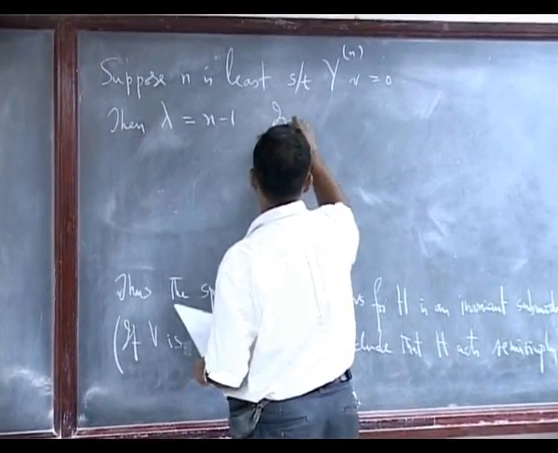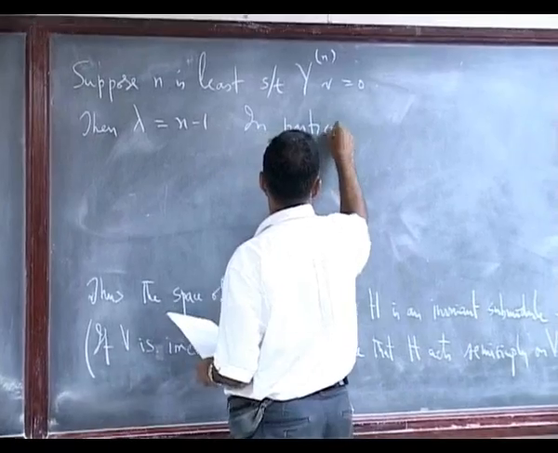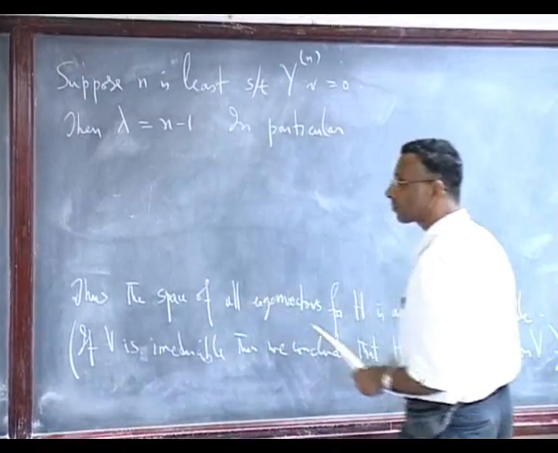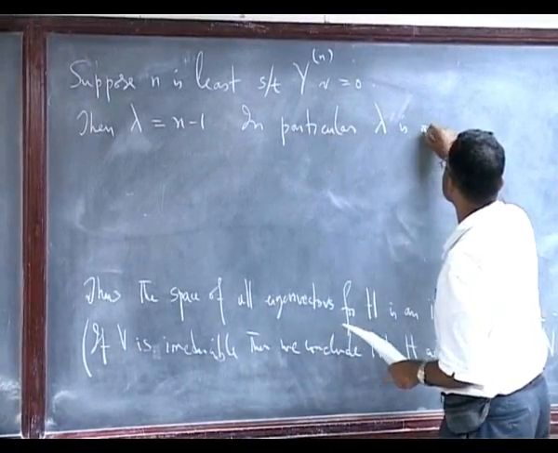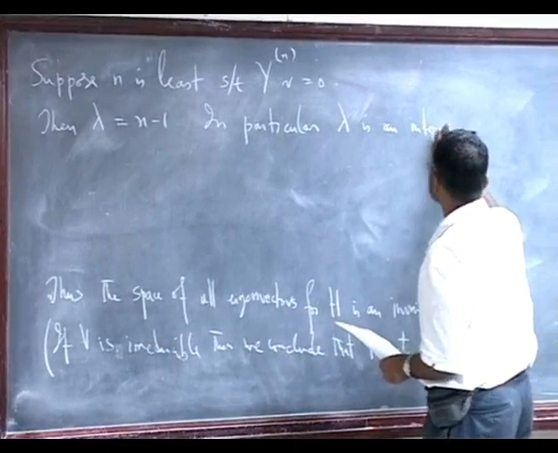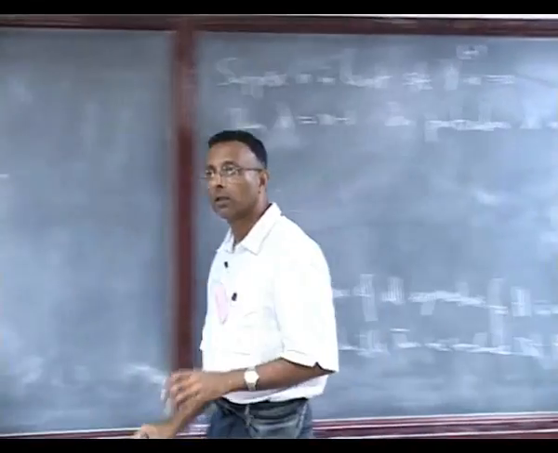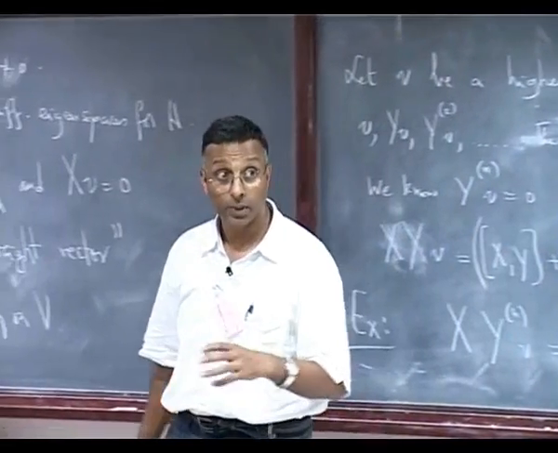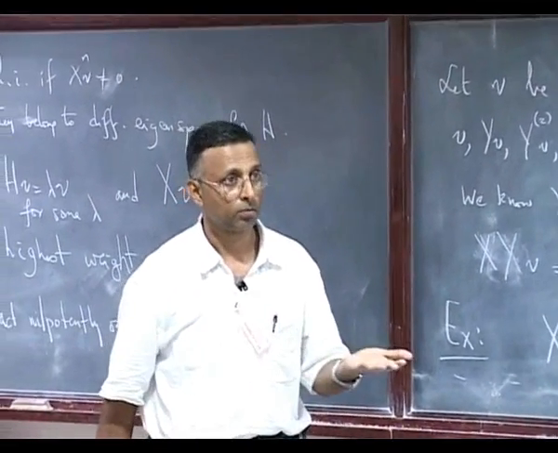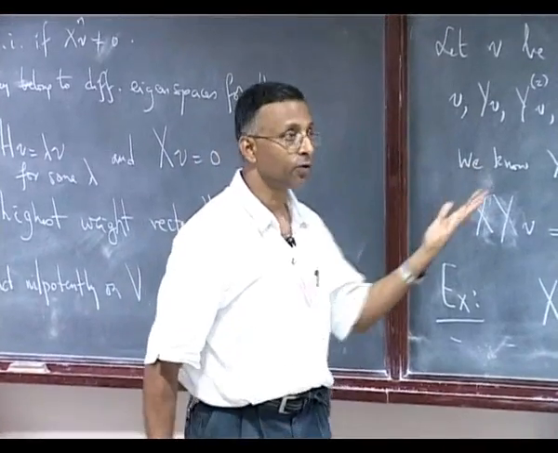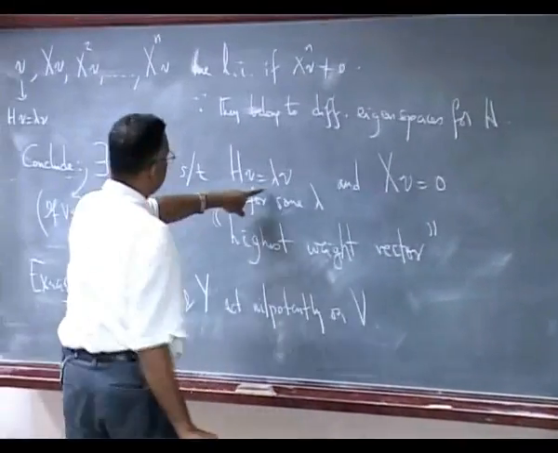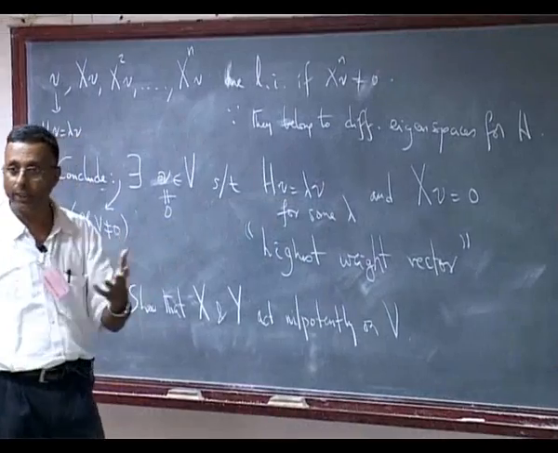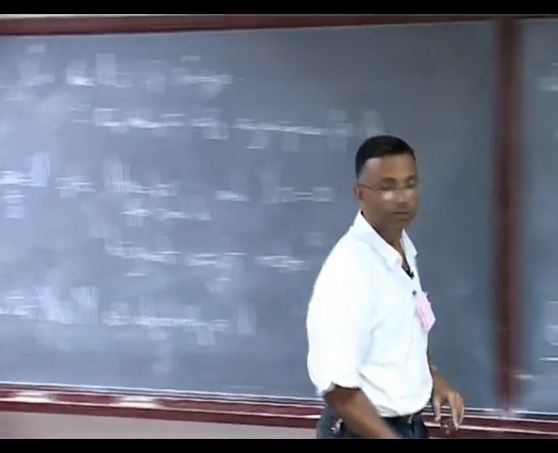In particular, lambda is an integer. See, that's a very strong condition. The eigenvalues for H must be integers now. This lambda was an eigenvalue for this v. That must be an integer. That's what we have concluded.